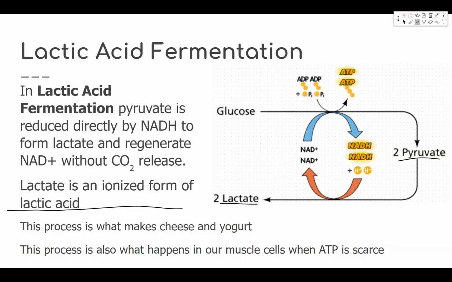You know how some cheeses and a lot of yogurts are kind of tangy? That tang is acid. That acid is lactic acid. Because our tongues perceive acid as sour. So there's not a lot of lactic acid in cheeses and yogurts, but there is lactic acid.